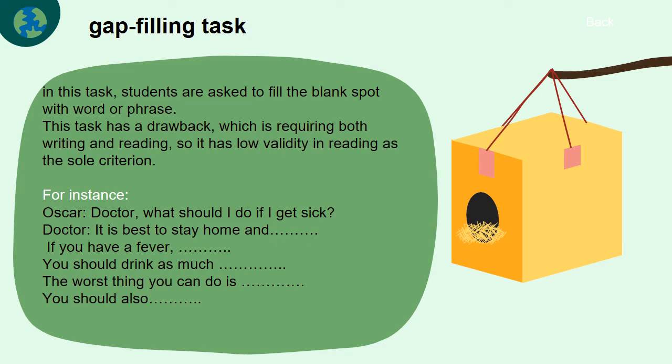So the student has to fill the blank spot with some appropriate word or phrase that is related to the stimulus provided in the first sentence. This kind of assessment has a drawback or weakness, which is requiring both writing and reading, which has low validity in reading as the sole criterion.